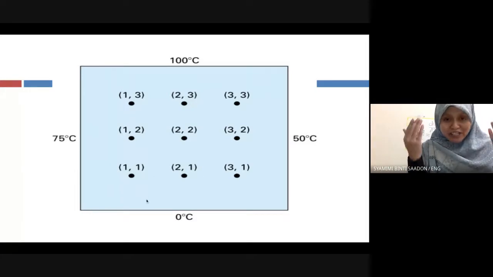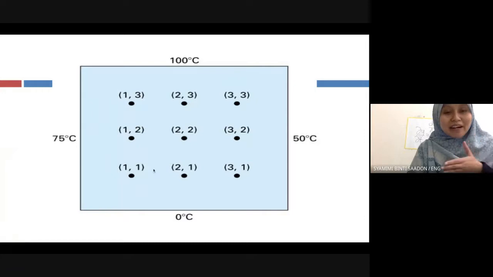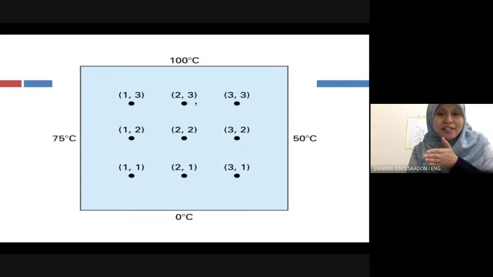And we imagine that we discretize the plate into nine points, nine nodes. We call the first position 1, meaning x1, y1.